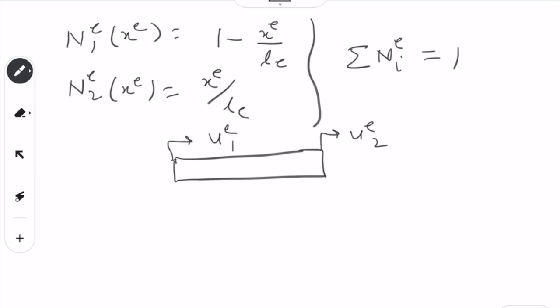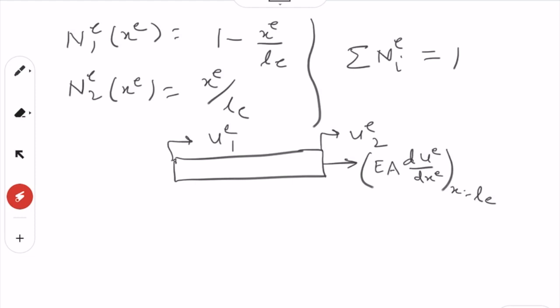Let us say this is a stress sigma, or EA du over dxe at xe equal to Le.